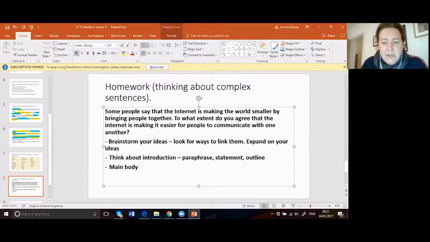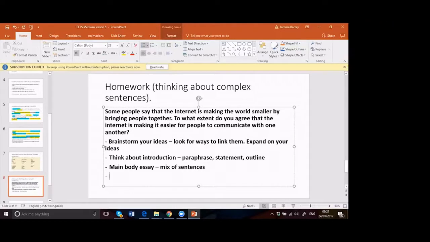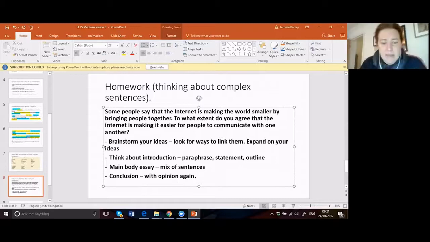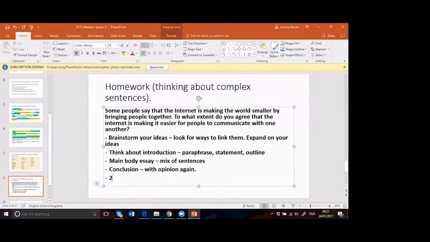The main body of the essay. Mix of sentences. And then conclusion. With opinion again. Okay, so you need to, and how many words? 250. 250 words. Okay.